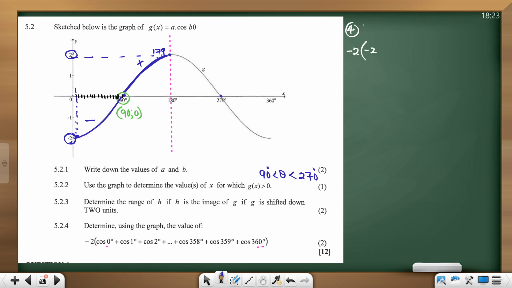What about 2? 2 would cancel out 178. I move down 170 something. This one is going up. That's why I said all of these negative values will end up canceling all of these positive values. And cos 90 that's in the middle will be what?